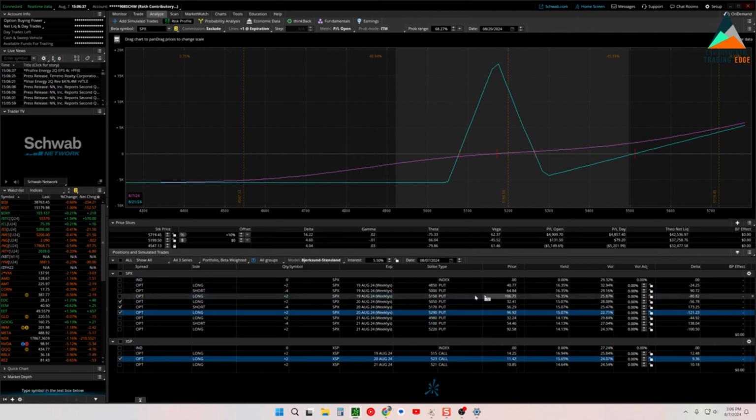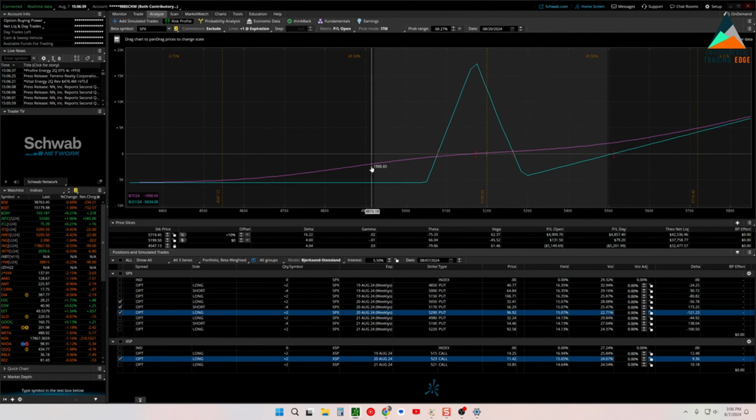So you can see that the deltas are all messed up, but you can see that it's under allocated right now. And that's because if I was going to try to put on another one of these spreads, it'd push me way over allocated. We're just trying to get as close as we can to it. It doesn't have to be perfect. There is math behind it, of course, but you just try to get as close as you can.